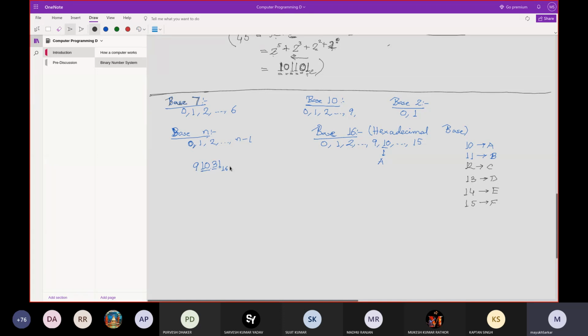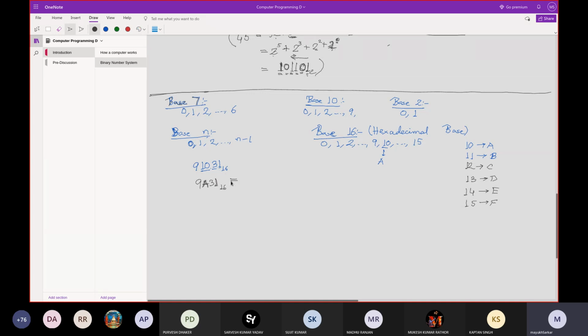So 91031 is now uniquely identifiable. It is a number with 5 separate digits. Rather, 9A31 is a different number altogether. As an example, 9A31 in hexadecimal, what will this be in decimal? Just like we have converted from binary to decimal, we can convert from any base to decimal, following the same logic.